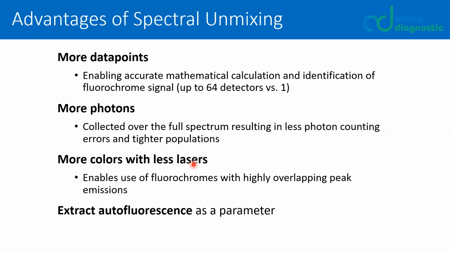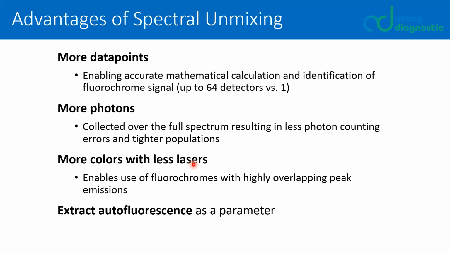We get more colors with fewer lasers. As long as the full spectrum signatures are unique, you can use very highly overlapping dyes. Any dye that can be excited by the onboard lasers can be used together, and there is no need for optimized filter sets since signal is collected in all channels.